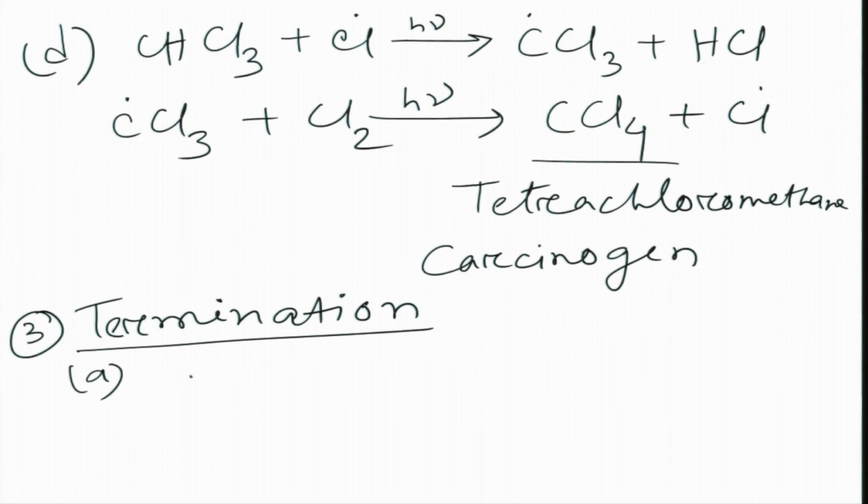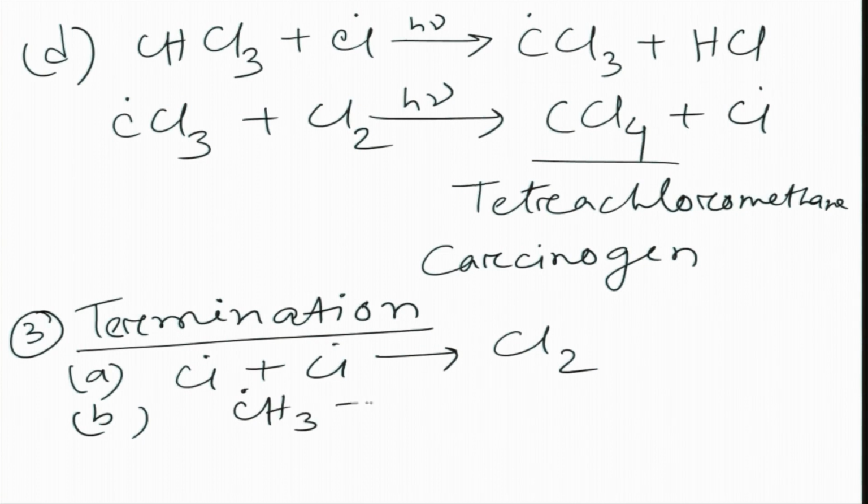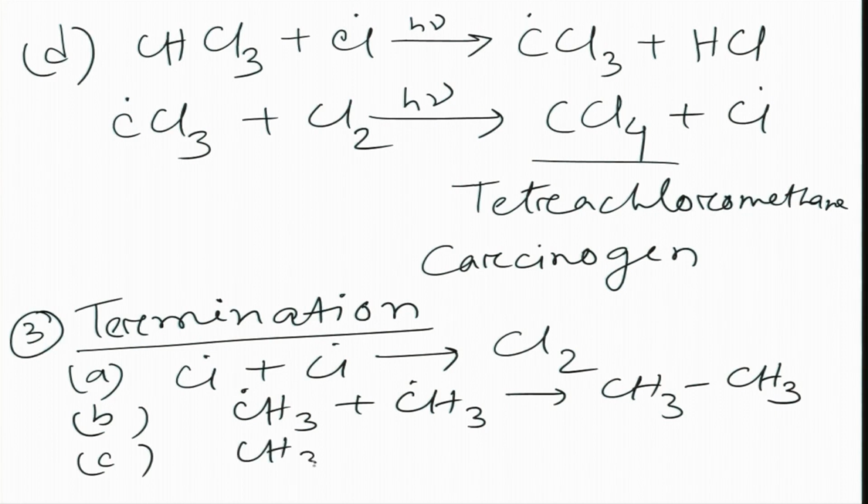So, termination can occur in many ways, like 2 chlorine free radicals can form Cl2, 2 methyl free radicals can form ethane, and this reaction can also stop in some intermediate step.